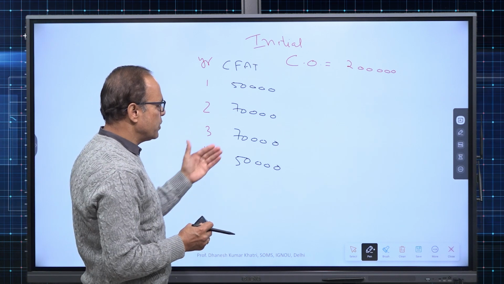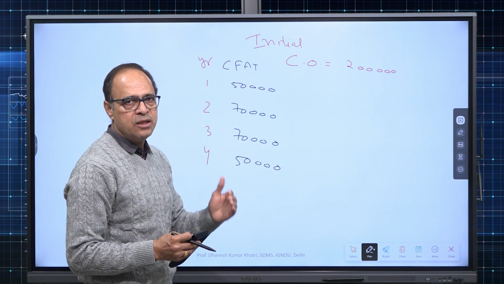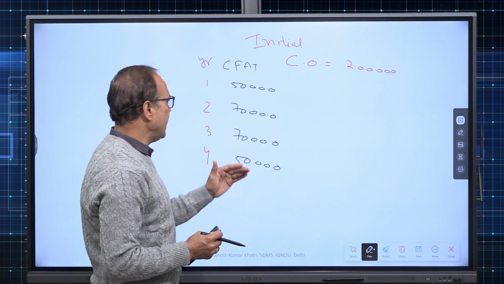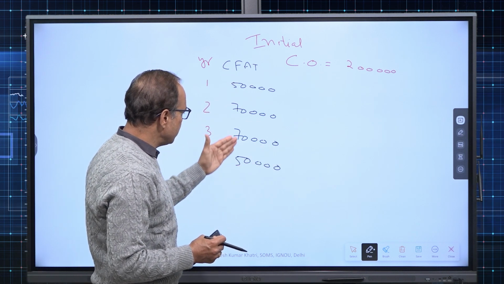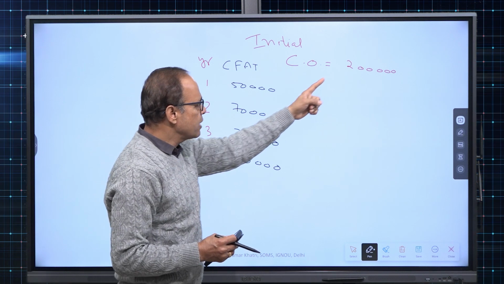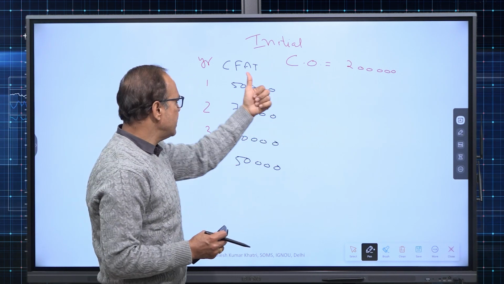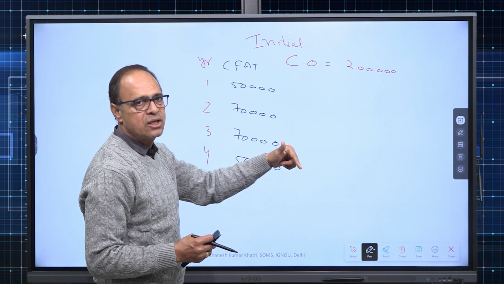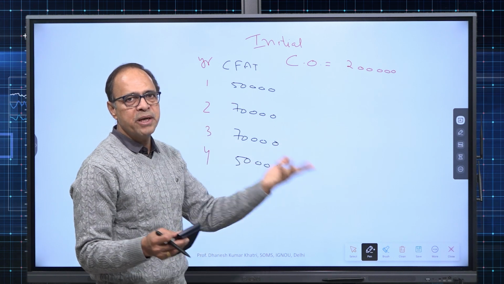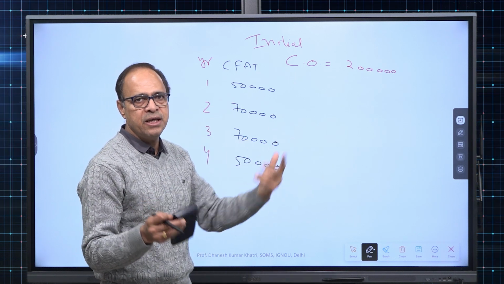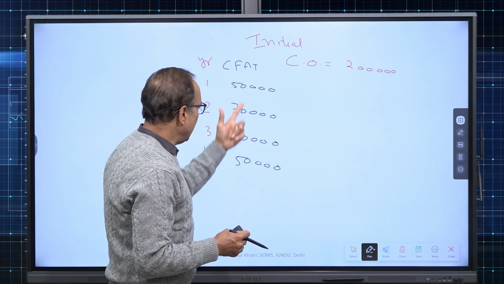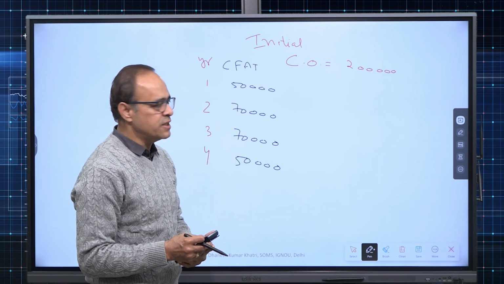So, first step to get the hint where to begin, because ultimately my purpose will be that at one discount rate present value of these should be greater than 2 lakh, and at another discount rate, present value of these should be less than 2 lakh. So, where to begin? Because rates can be any. So, average cash inflow comes out to be 60,000.